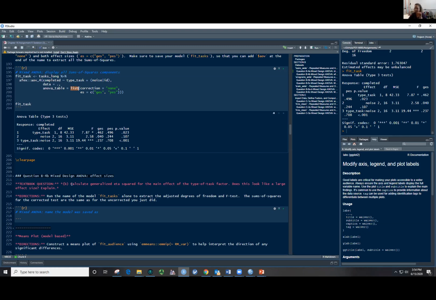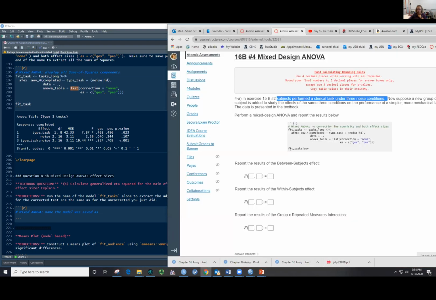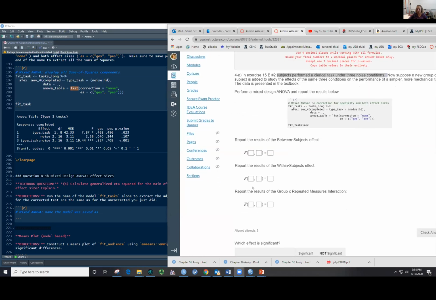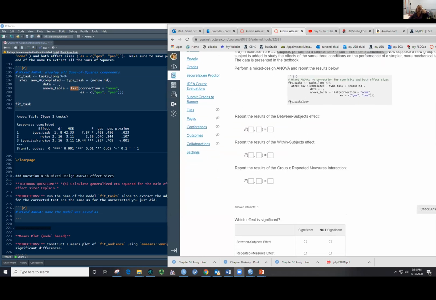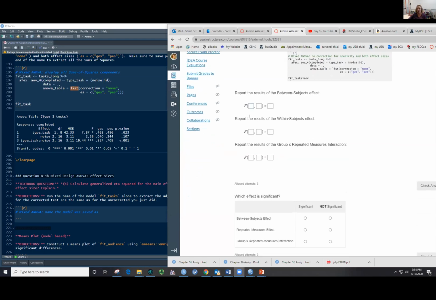Okay, so how many F tests did we get? Three. The first one's for type of task, the second one's for noise, and the third one's for the interaction between type of task and noise. So when we look at our Canvas assignment, it asks us to report the results for the between subjects effect.